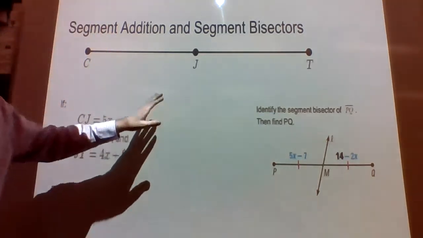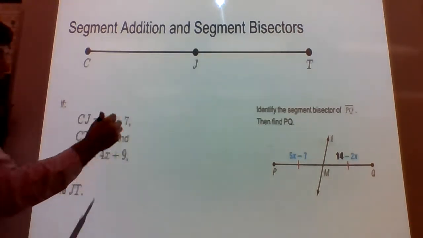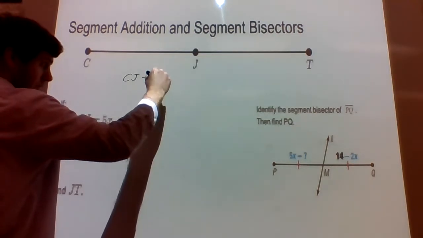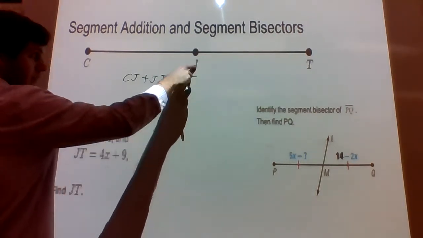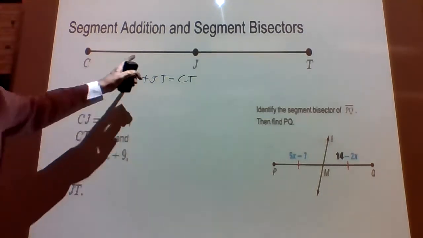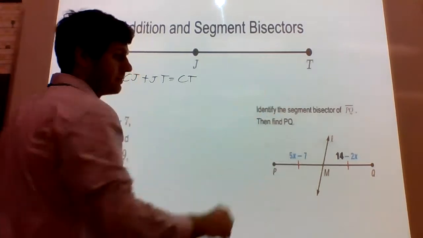In this case, we have J in the middle of C and T. So our segment addition postulate tells us that CJ plus JT is going to equal CT. J is between C and T. Therefore, CJ plus JT equals CT.